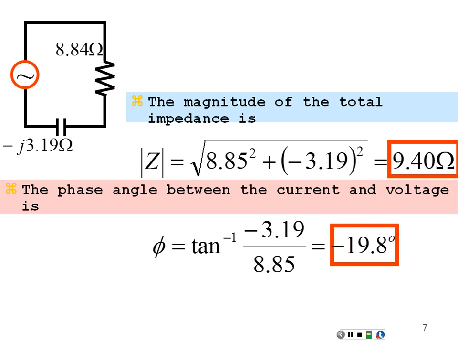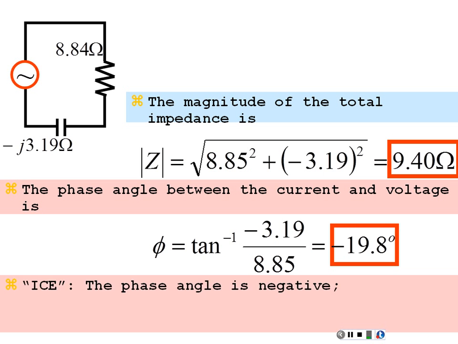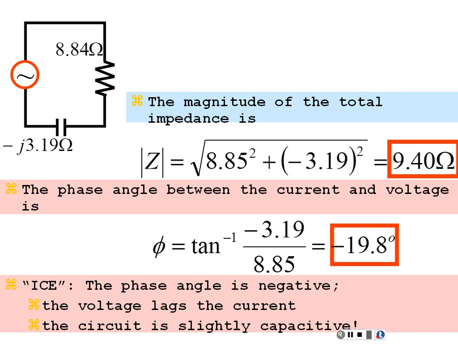So this particular circuit, when all is said and done, is more capacitive than it is inductive, because the phase angle is negative. So the voltage lags the current, or the current leads the voltage in this circuit.